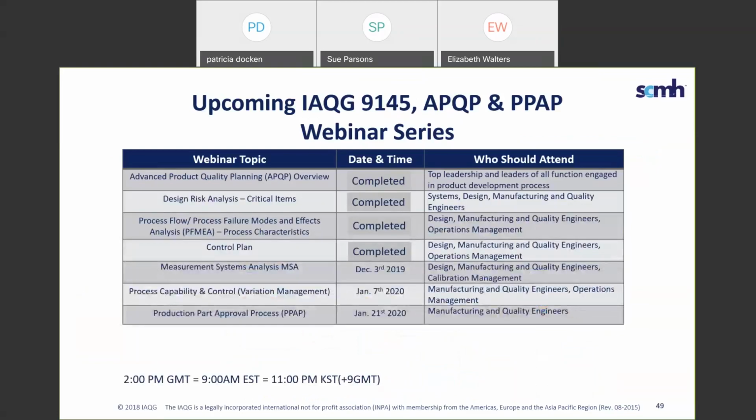And here's kind of a guide to show you that this is completed. All these phases and controls are completed, but like I said, there's the MSA, capability for variation management, and the production part approval process. That'll be coming and ending first quarter next year.